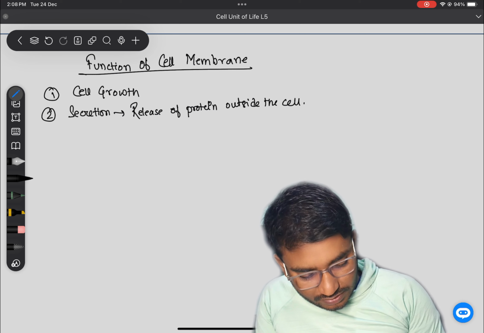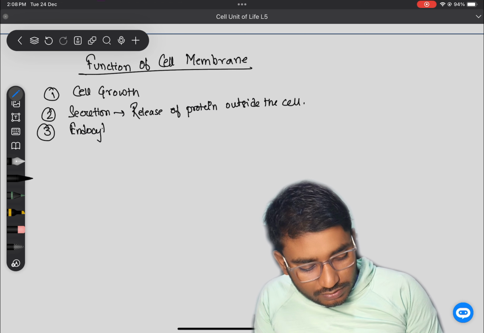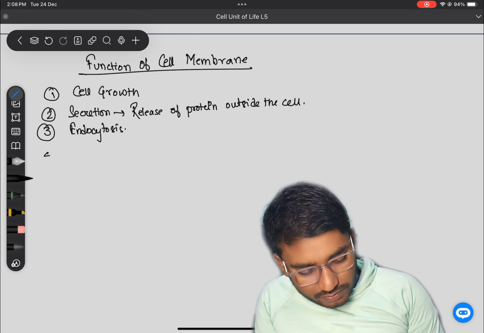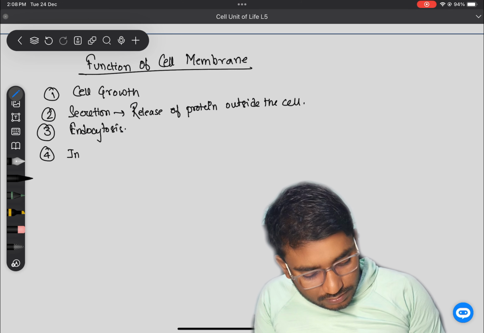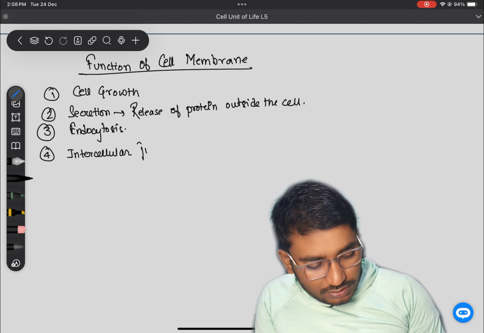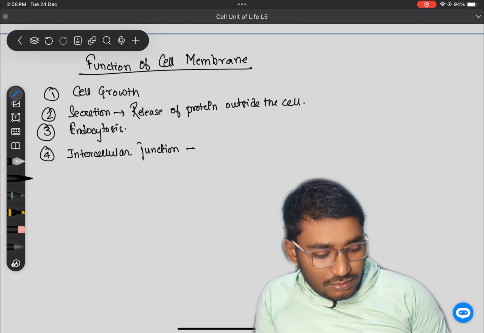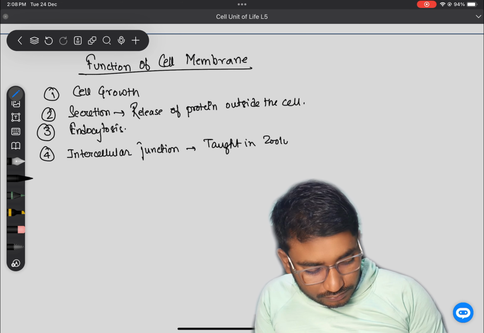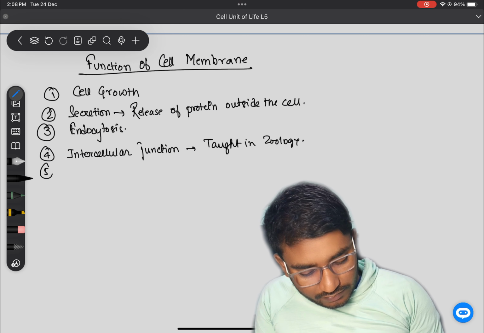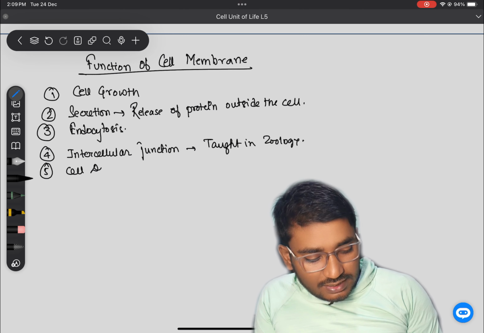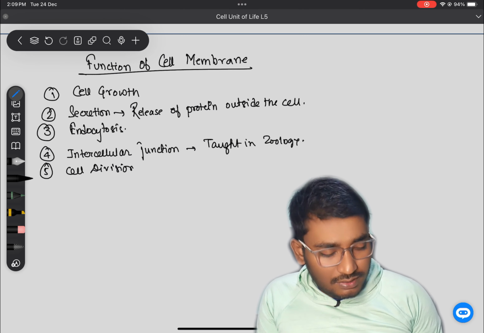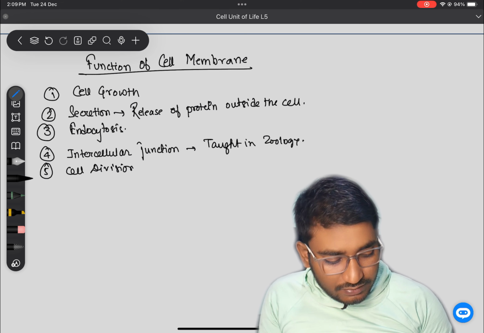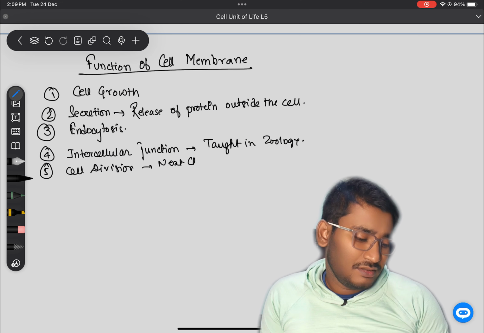Third, endocytosis. Fourth, intercellular junction. This will be taught in zoology. And the fifth is cell division. The cell division will be taught in the next chapter.